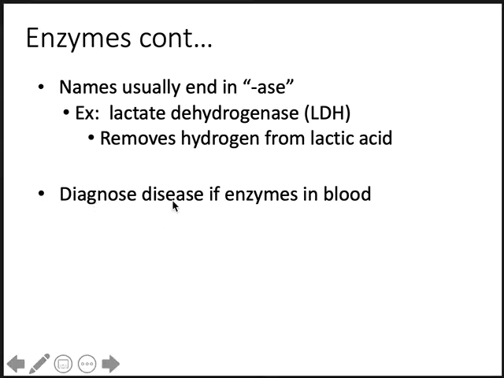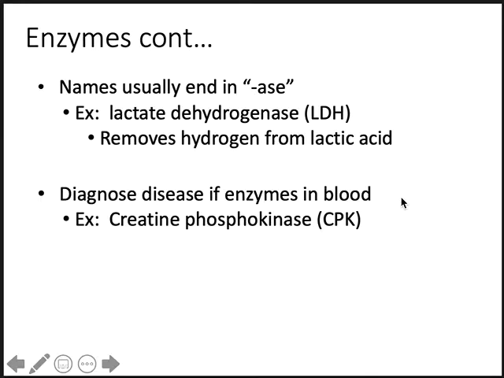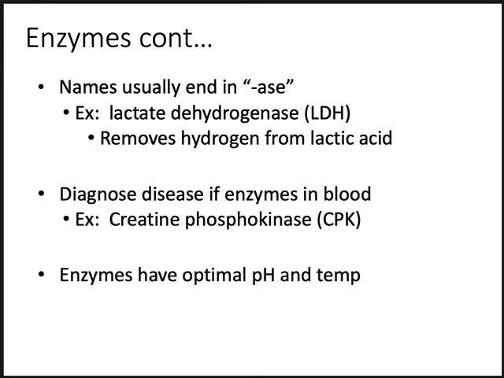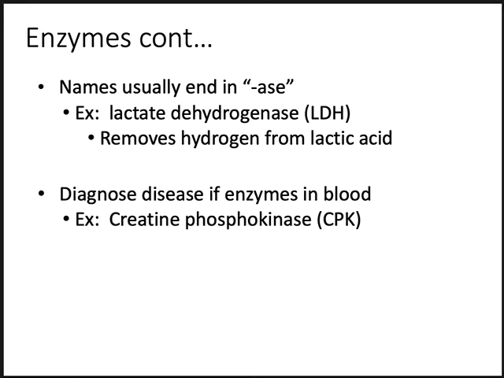We can diagnose a disease if we detect certain enzymes in the blood. So an example would be creatine phosphokinase. It should not be found in the blood. There are also cases where you can have a disease if you don't make enough of a particular enzyme that you need.